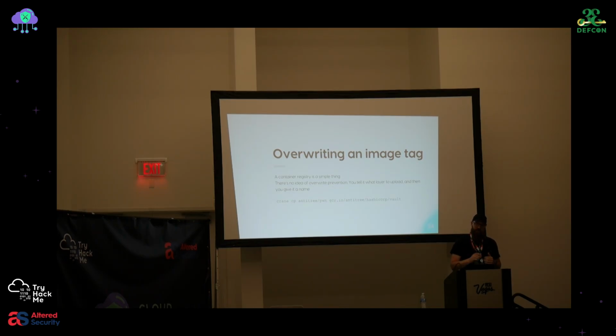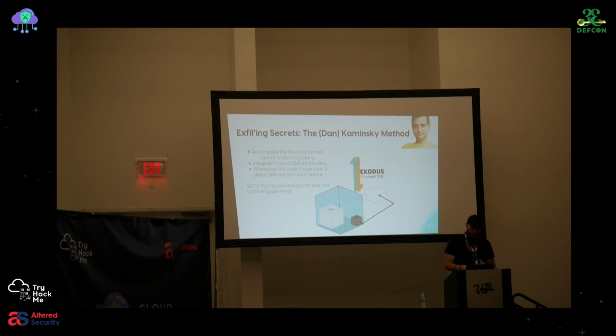So the digest under the hood can be sha256:ABCD, but the tag can be a completely different one. When these tags are not immutable, that means I can modify the tags of these images and push them no matter what the digest is. So I'm going to push up HashiCorp Vault. I've backdoored it. And I'll call this the Kaminsky method, to shout out to Dan.